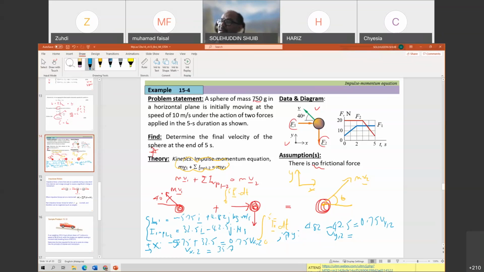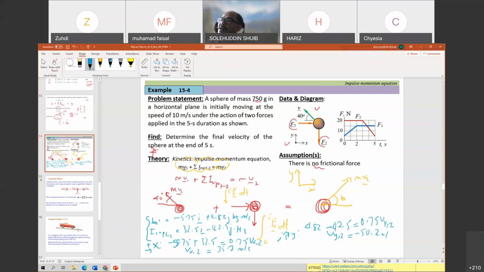The unit is meters per second. And then Vy2 is minus 50.2, meters per second.